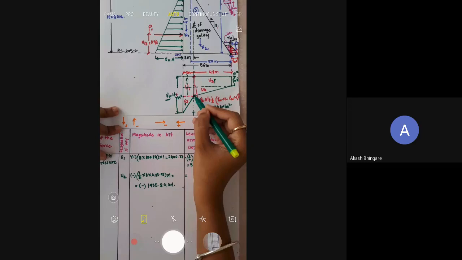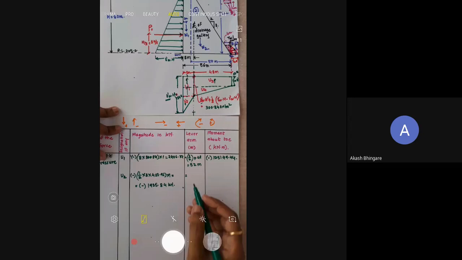So 48 plus 2 into 8 by 3. So write down this value, work out. So it will be 53.33, correct.